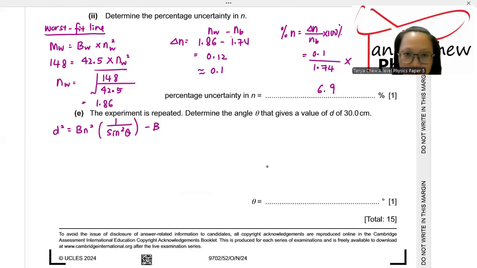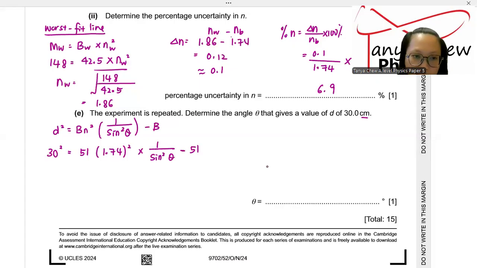And since they did not ask to include any absolute uncertainty, I'm going to use the best fit value. And I'm not going to change that cm to meter, right? So this is 30, you square it. B, the best fit, is 51. And n, the best fit, is 1.74, you square it, times 1 over sine squared theta minus 51.